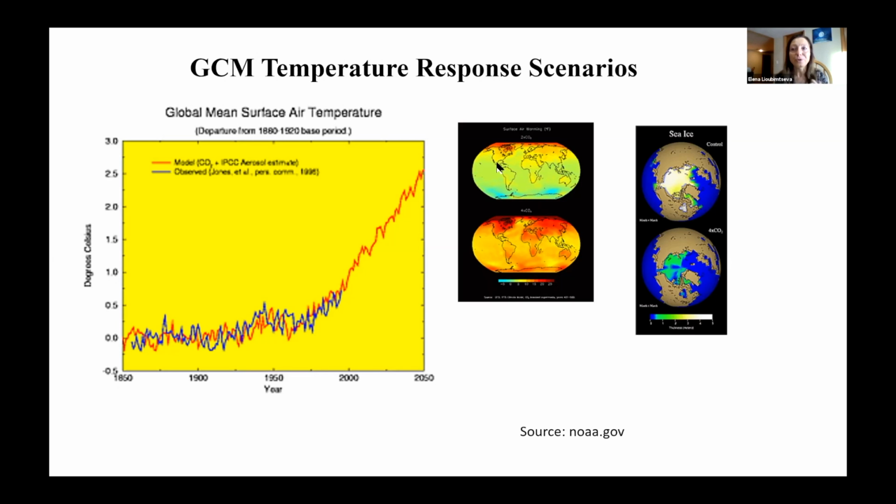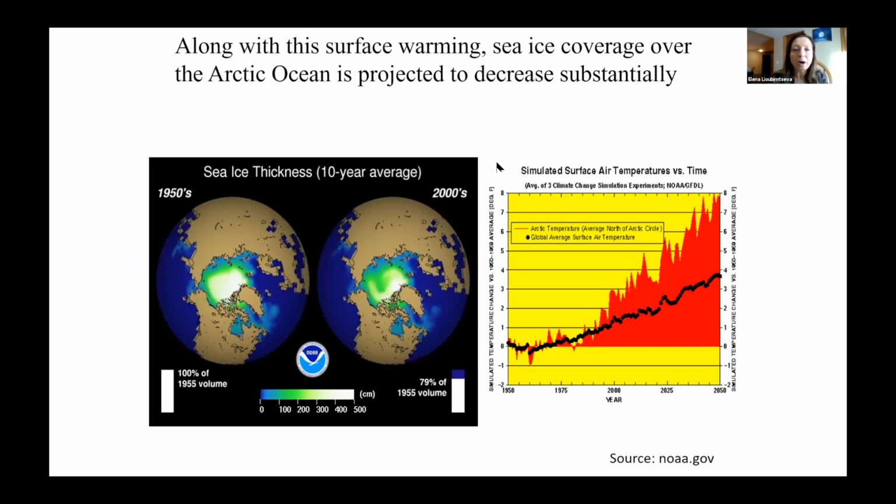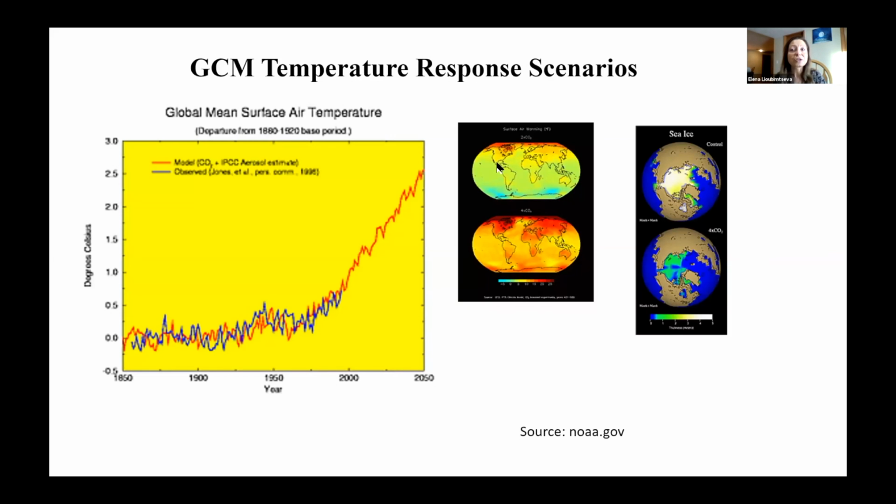So, for example, in the United States, we have a number of climate models. One developed by NASA Goddard Center, the other by NOAA, another by the National Center for Atmospheric Research. And then there are Canadian models, Chinese models, models of different European countries, models developed in Japan, and so on and so forth.